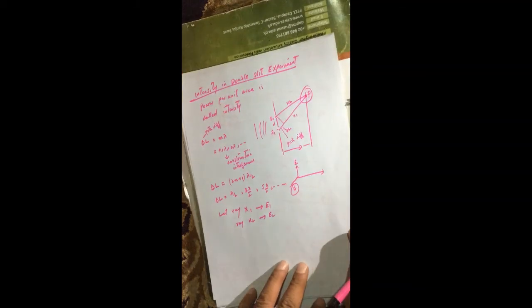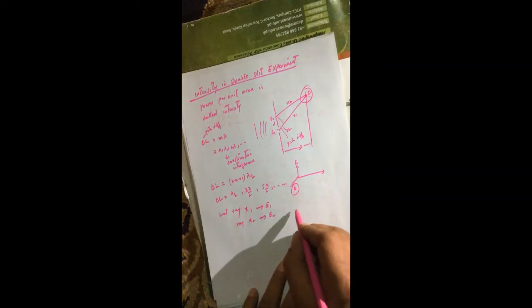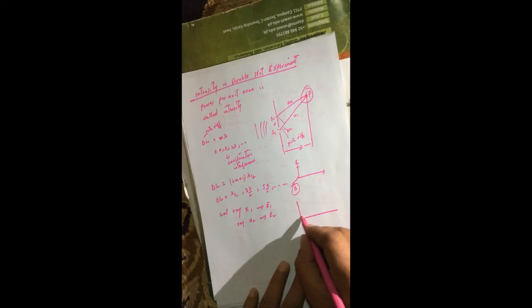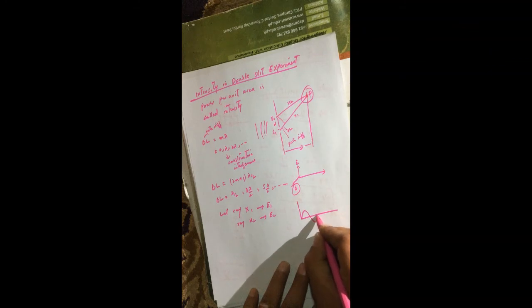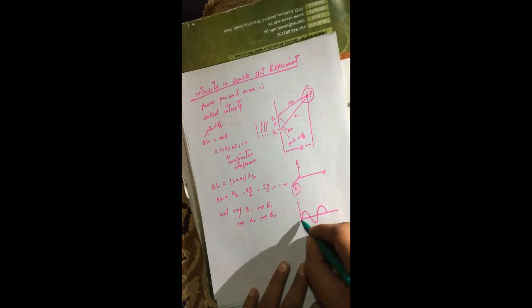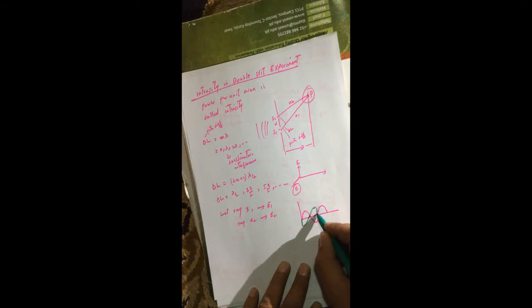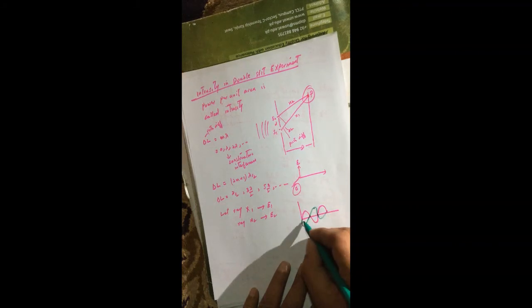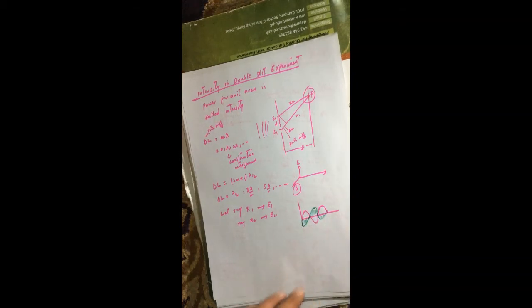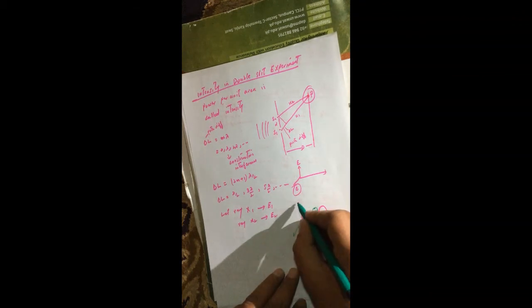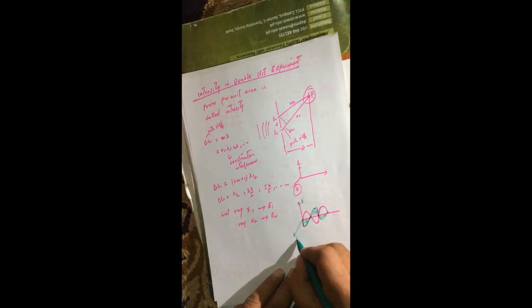If I plot my electromagnetic wave, it looks like this. Here this is the electric field and this is the magnetic field.